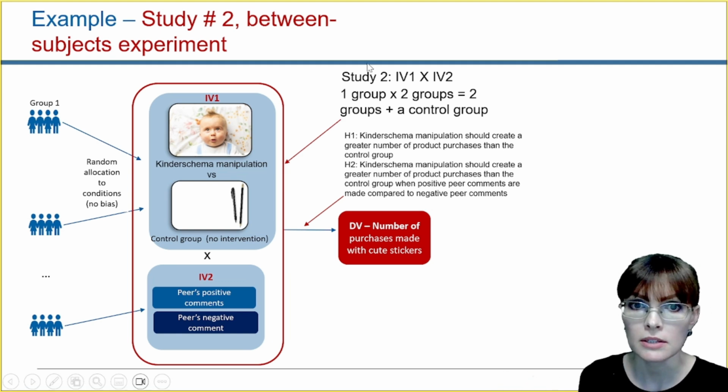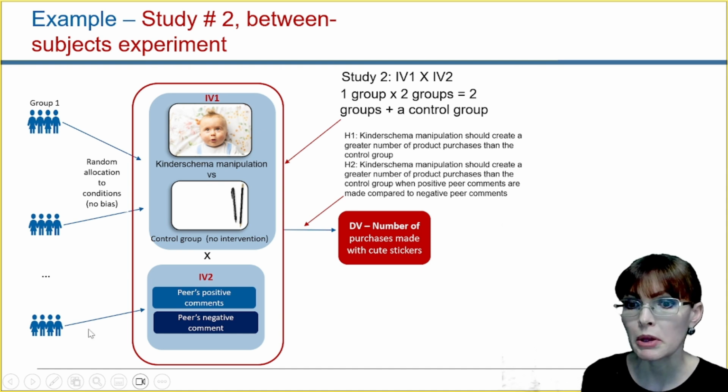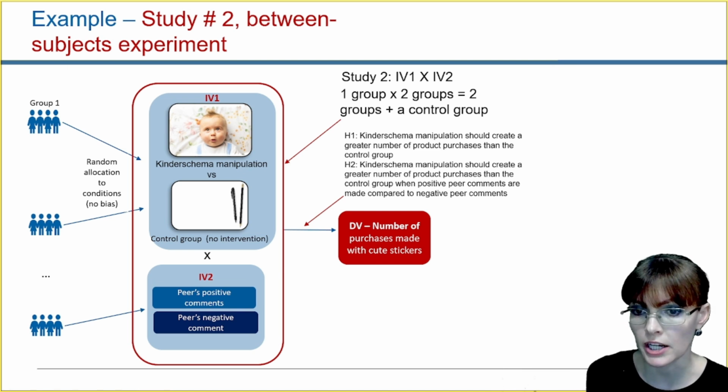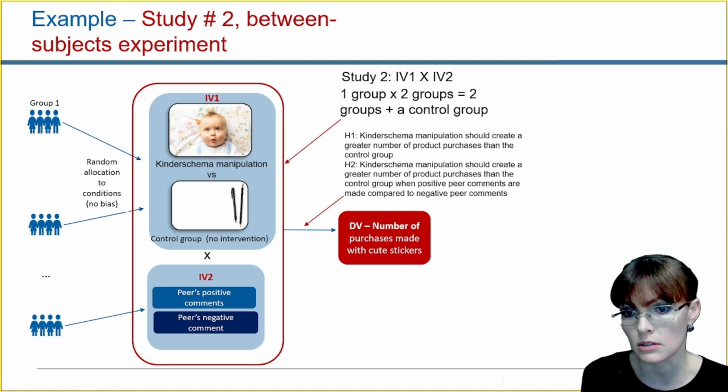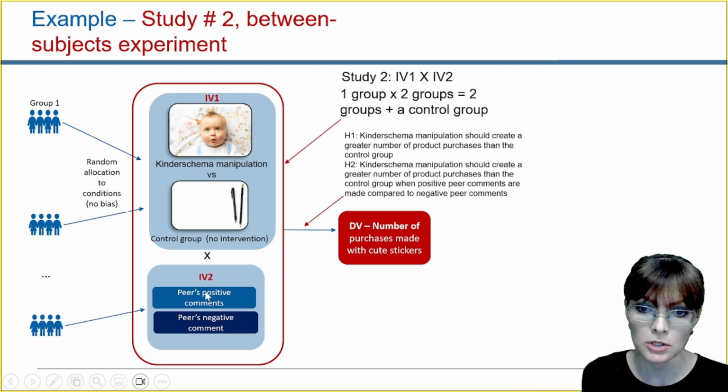So in this study too, we are looking at our first independent variable, which was kinder schema present or absent, but we're also combining it with peer influence, which is very big in social sciences, social psychology and also marketing. Peer influence on purchases is an established big factor. So now we want to see what is going to happen with kinder schema impact if different peer commentary is present.